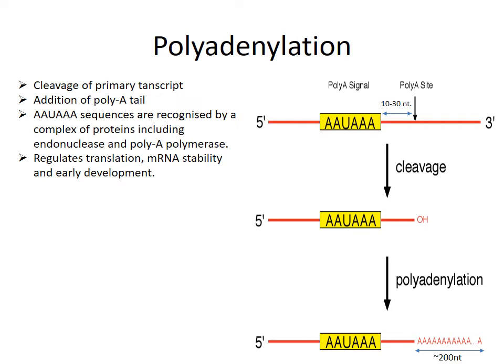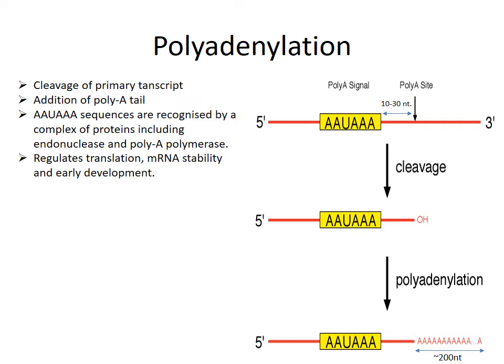So, we have this pre-mRNA, and in this pre-mRNA we'll see that the 3' end of most eukaryotic mRNAs is defined not only by termination of transcription but by cleavage of the primary transcript and addition of a poly A tail, which is known as polyadenylation.